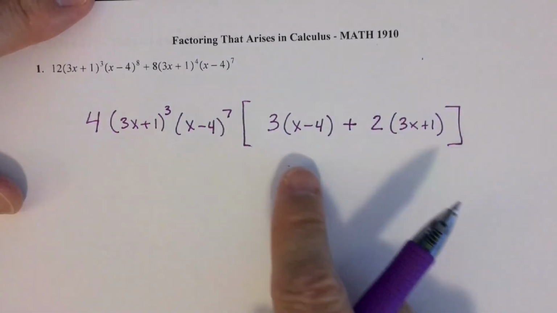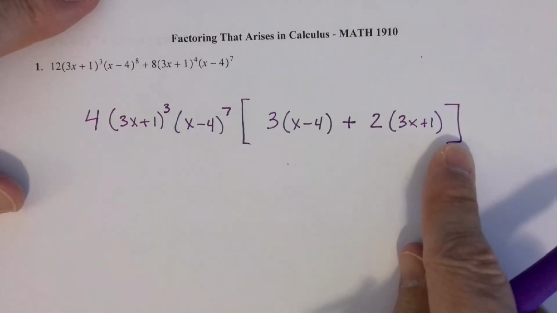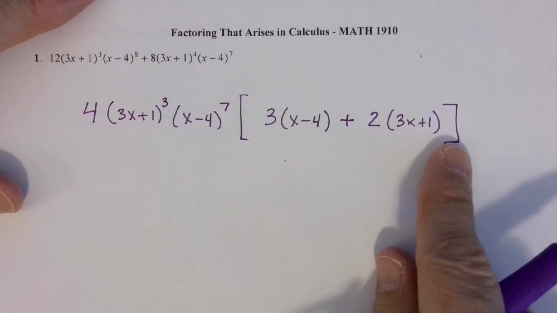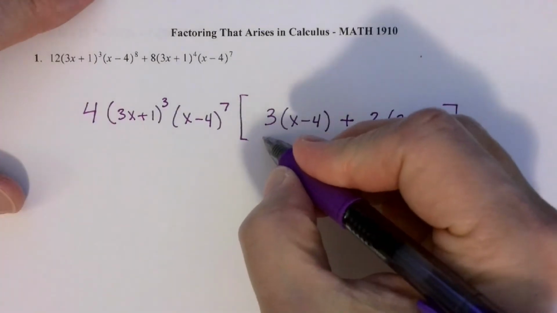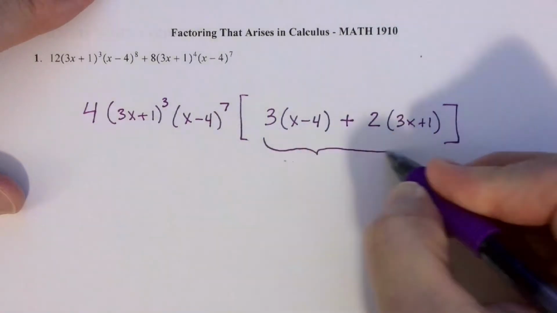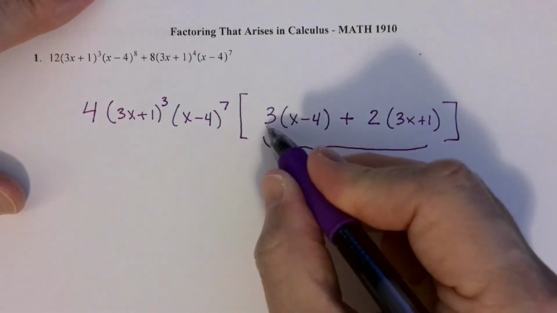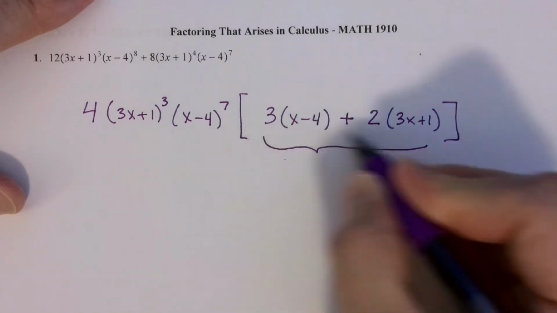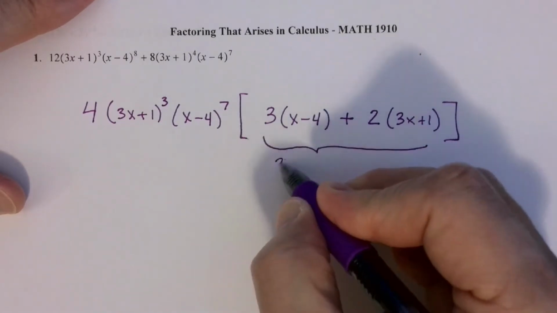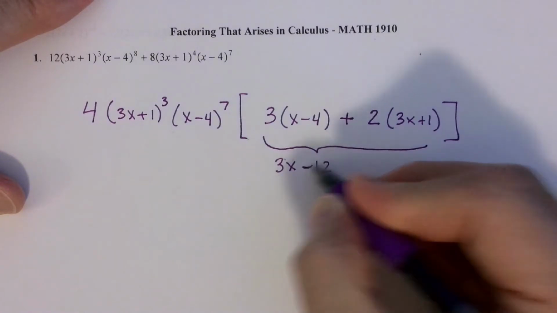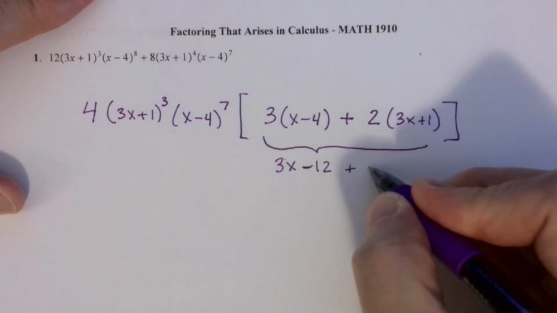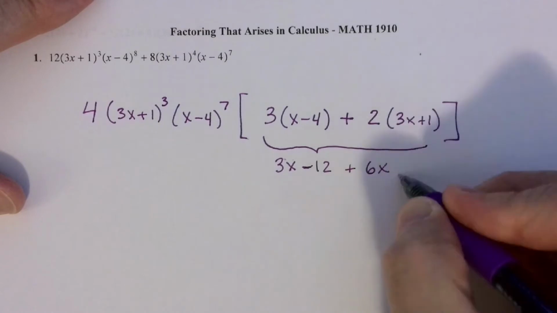Now, what's in these brackets can be further simplified. This is going to be the case when we have these expressions that come from the product rule. And so let's just focus on this a little bit. Can we simplify what's in these brackets? Yeah. Let's distribute the 3 here and the 2 here. 3 times x, 3 times 4, and then 2 times 3x, 6x, and 2 times 1.